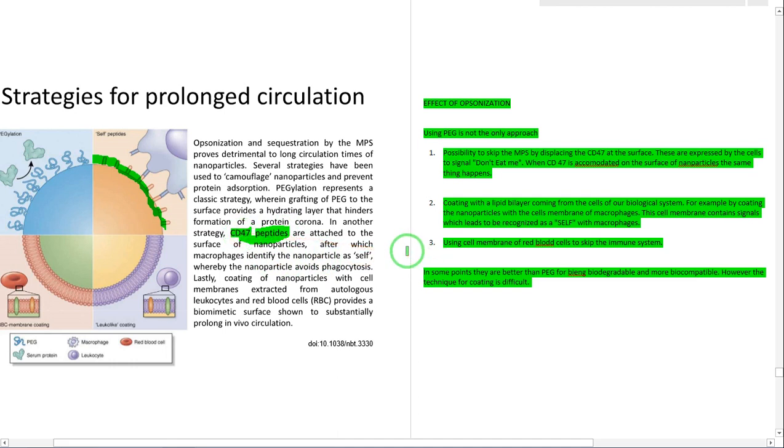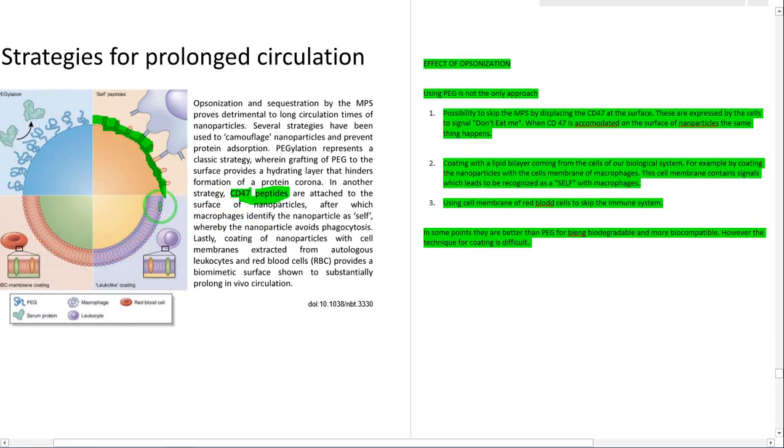The CD47 peptides are receptors on the surface of the cells. If we accommodate them on the surface of the nanoparticles, when they come close to the phagocyte cells, they see the do not eat me signals, so they will not be eliminated out of the body.